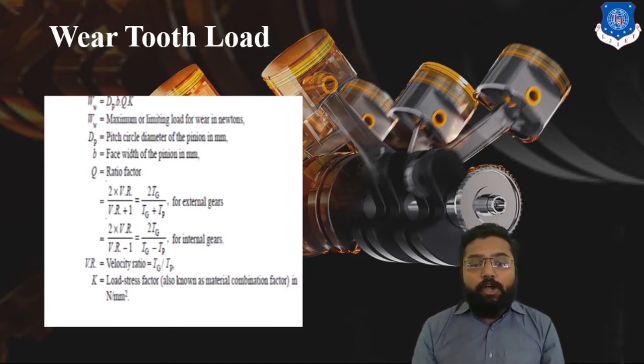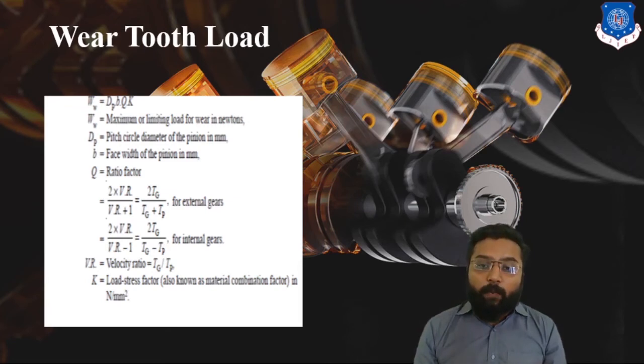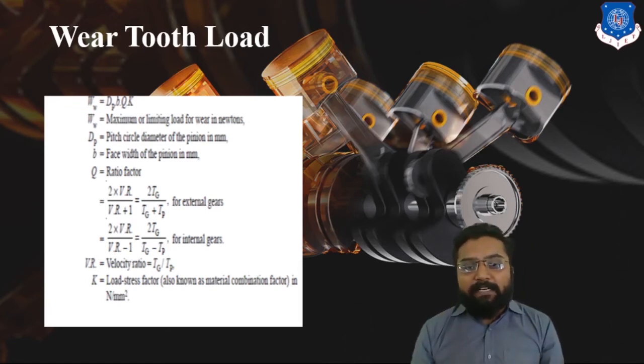What kind of ratio? The velocity ratio factor, which has the value 2 into velocity ratio upon velocity ratio plus 1, which can also be represented as 2 into Tg upon Tg plus Tp.